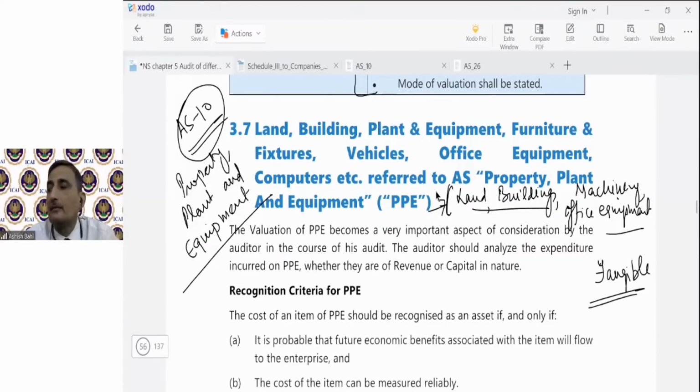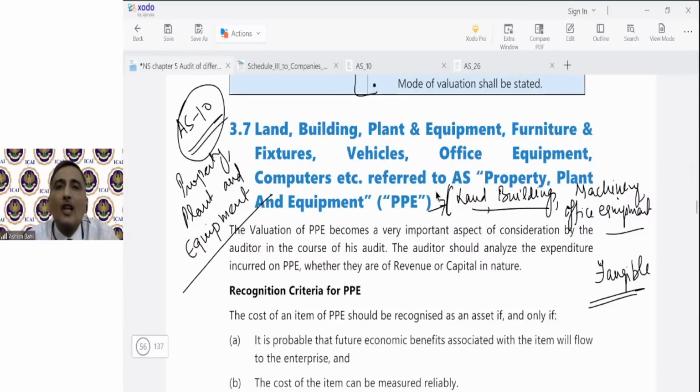So these items, which are tangible and which are held for use by an entity for production or supply of goods or services, or for certain administrative purposes or for rental purposes, and these are held for more than a period of 12 months, qualify for being categorized as property, plant, and equipment.